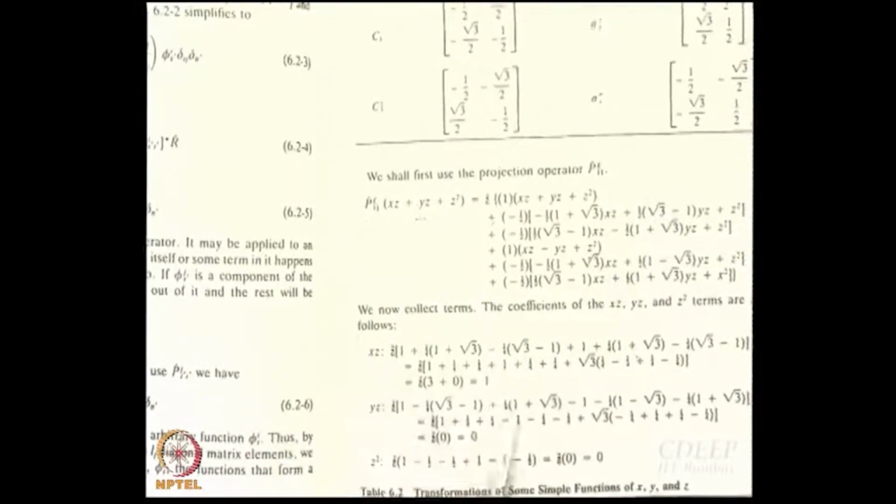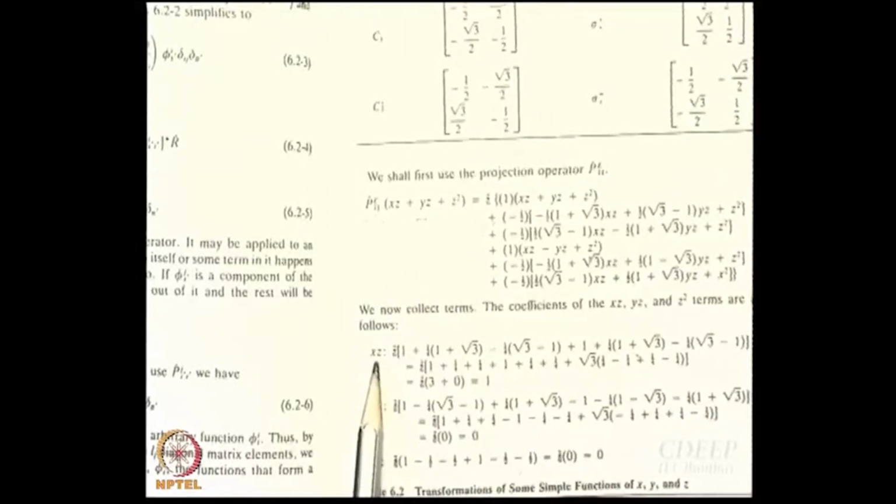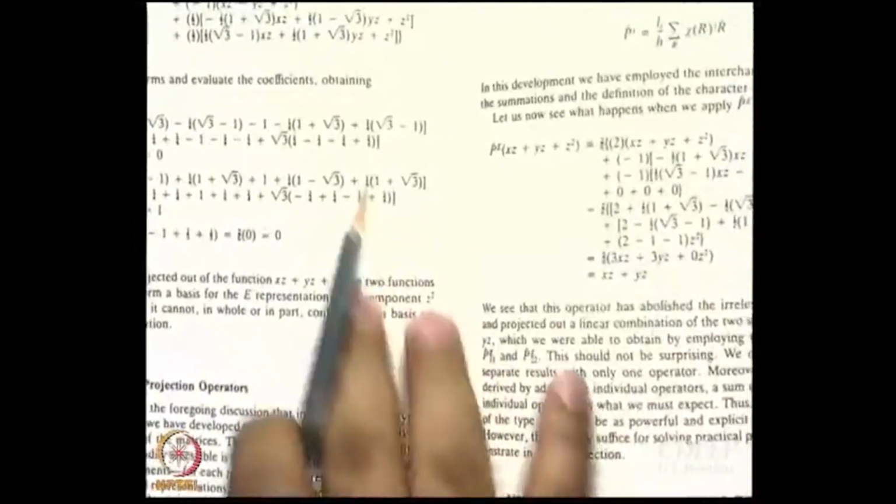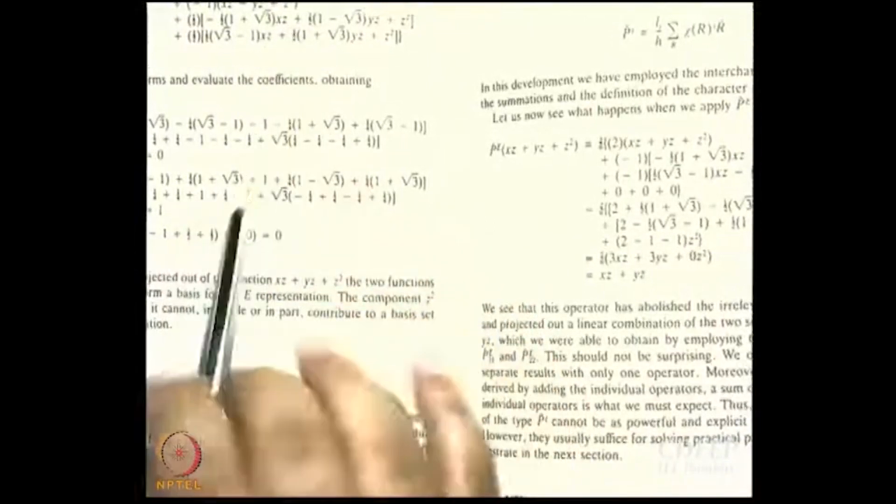So this is P11E. They have used that, and they have got the coefficient of xz to be 1, coefficient of yz to be 0, coefficient of z square to be 0. So on and so forth, they have done all this. And finally they see that the coefficients of xz and yz are non-zero, whereas the coefficient of z square is 0. But the problem is that it is a longish route.